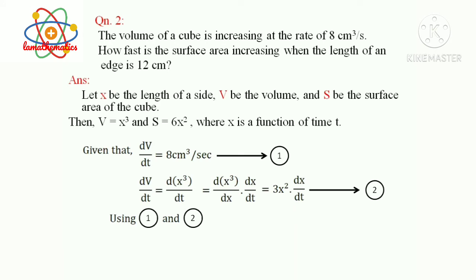Using equation 1 and equation 2, dx by dt equal to 8 by 3x square. Equation number 3. Also, dS by dt equal to d by dt of 6x square equal to d by dx of 6x square into dx by dt.